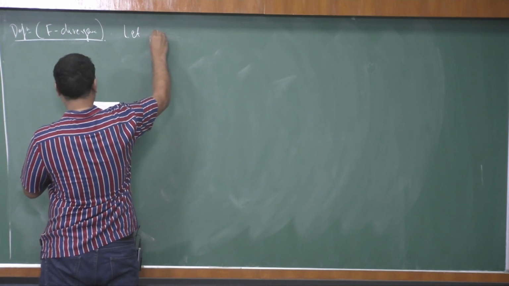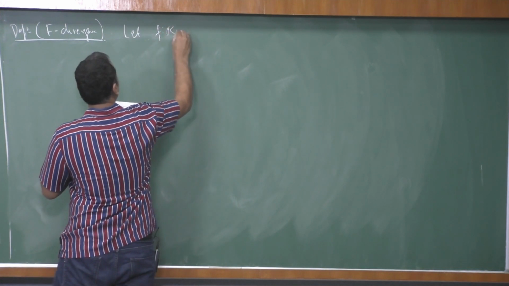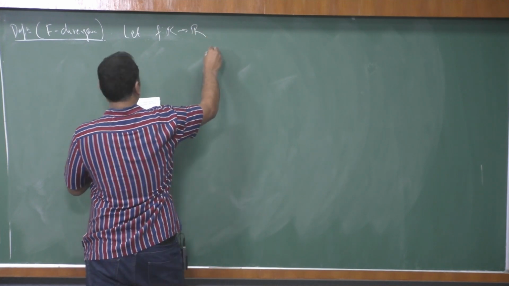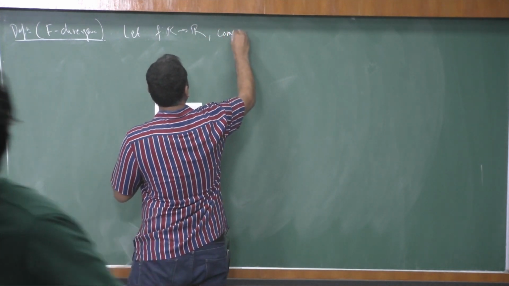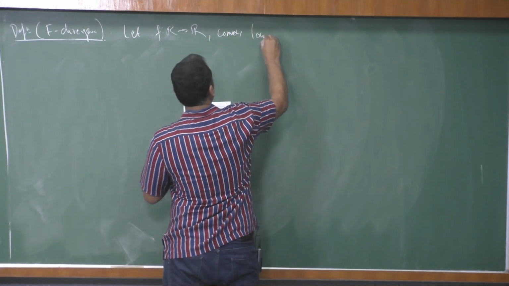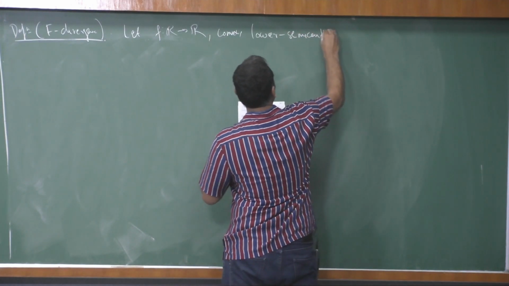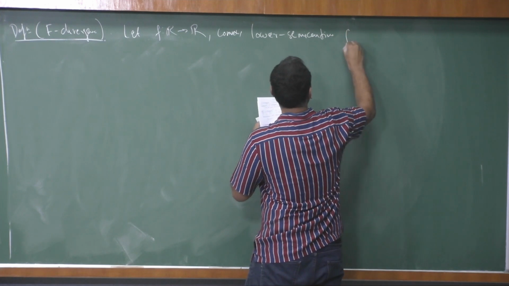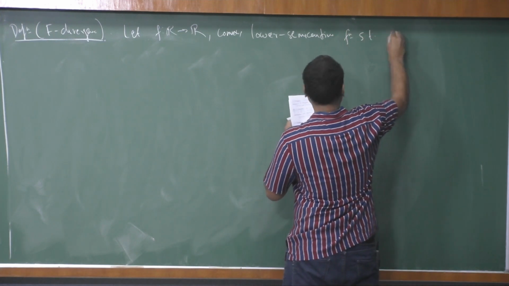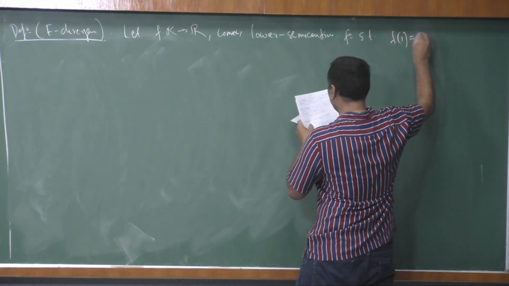Let f from R to R be a convex, lower semi-continuous function such that f of 1 is 0, as we wanted.